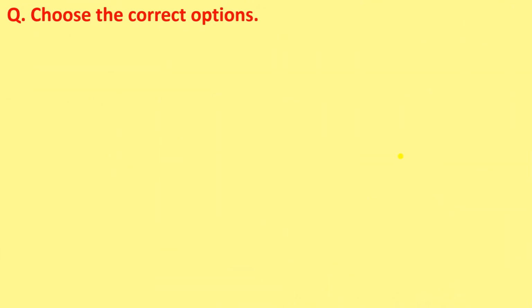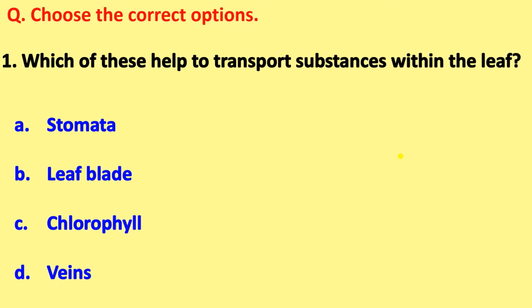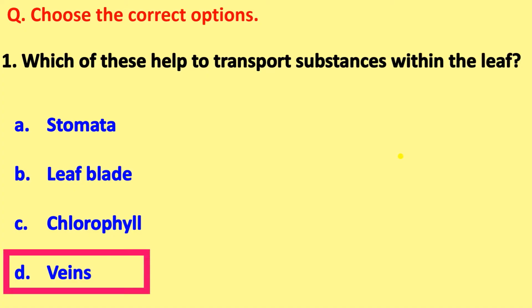Next, choose the correct options. Which of these help to transport substances within the leaf? Look at the options: stomata, leaf blade, chlorophyll, and veins. What do you think the answer is, children? It is veins.